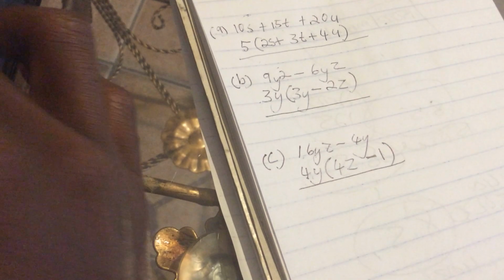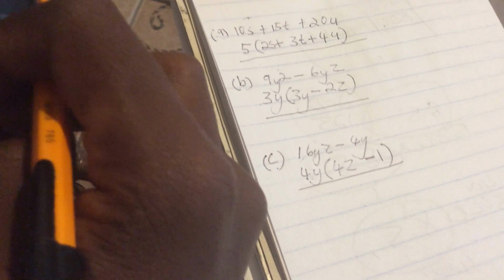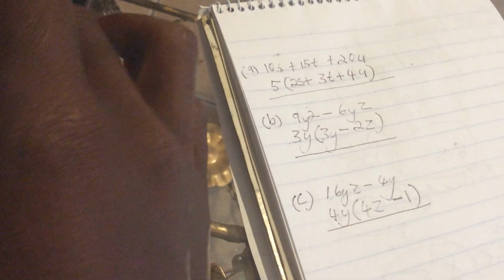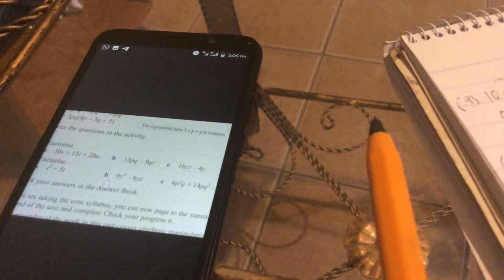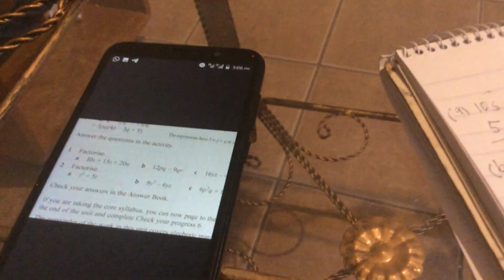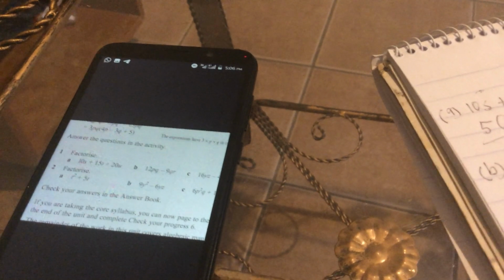So let's move to question 2. Question 2A has t squared plus 5t.